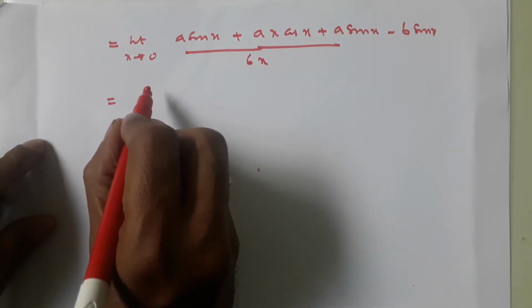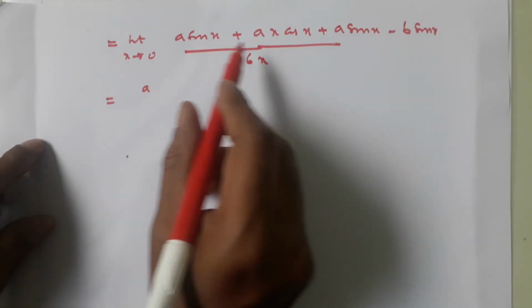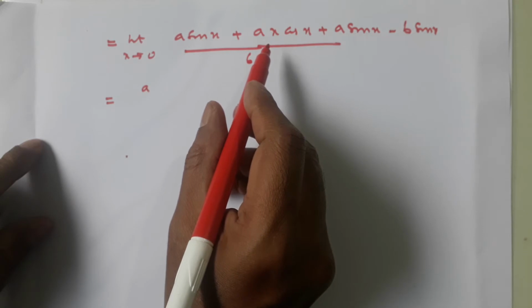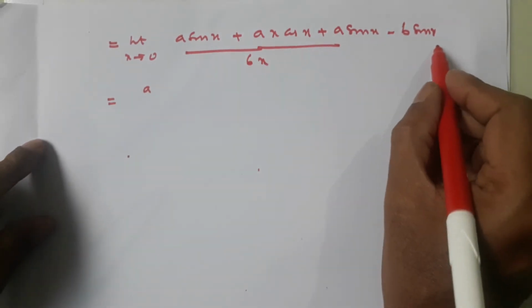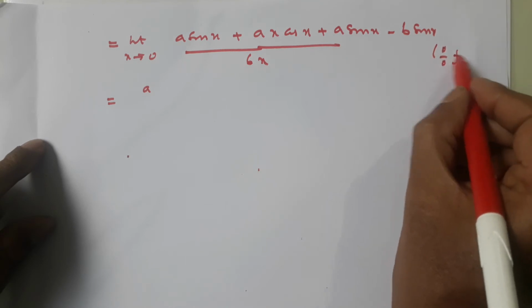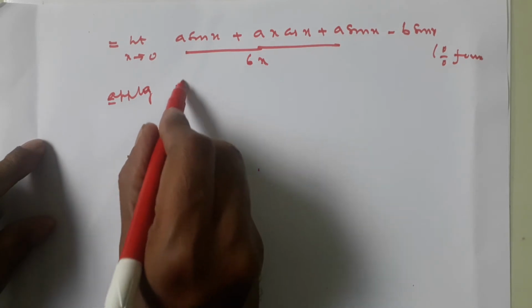This is 0 actually, this also will be 0. So again it is 0 by 0 form. Apply L'Hospital.